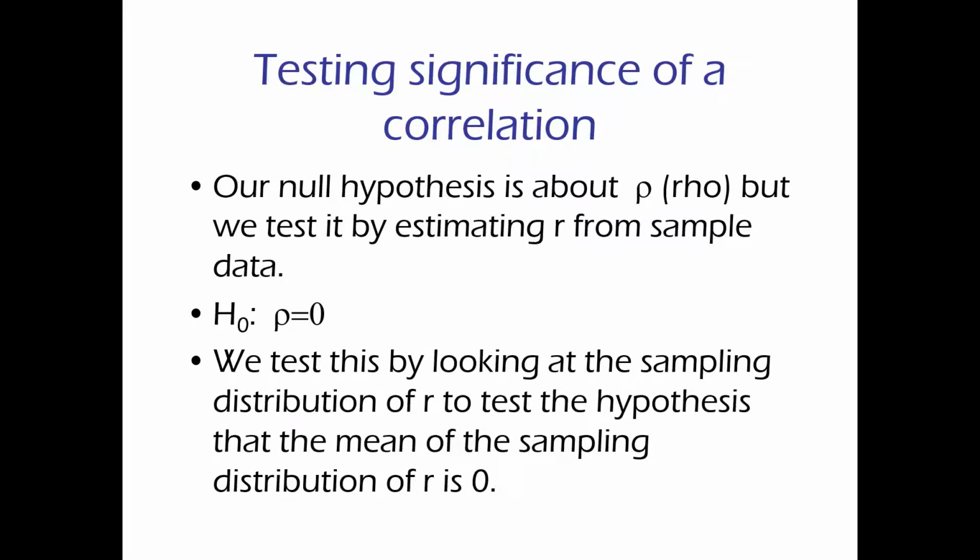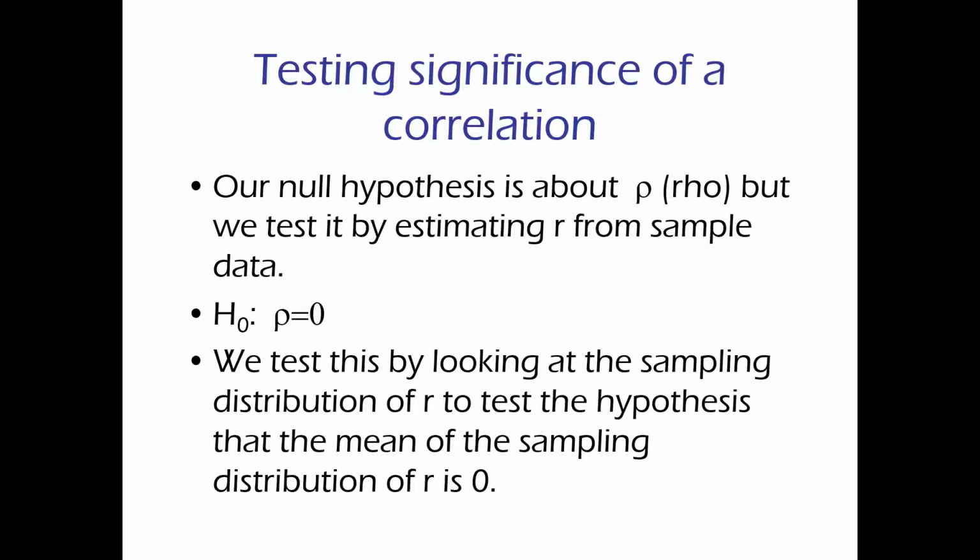Now, we have calculated our R value. What will be our conclusion on our correlation test? As I mentioned in previous slides, our null hypothesis is about rho, which is the correlation coefficient in the population. And we tested it by estimating R from our collected sample.